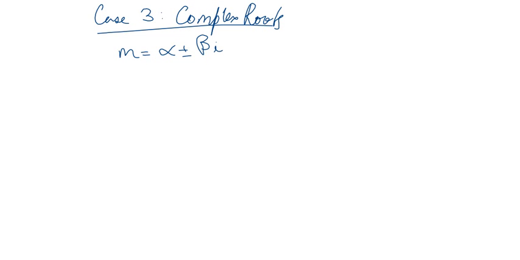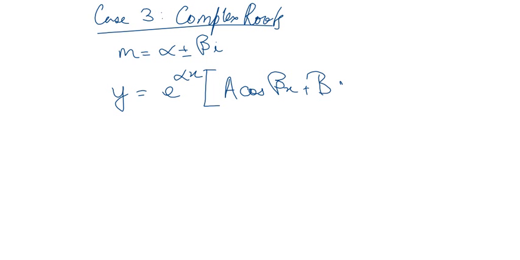Your general solution for the differential equation in that particular case would be y equals e to the power alpha x times a cos beta x plus b sin beta x.